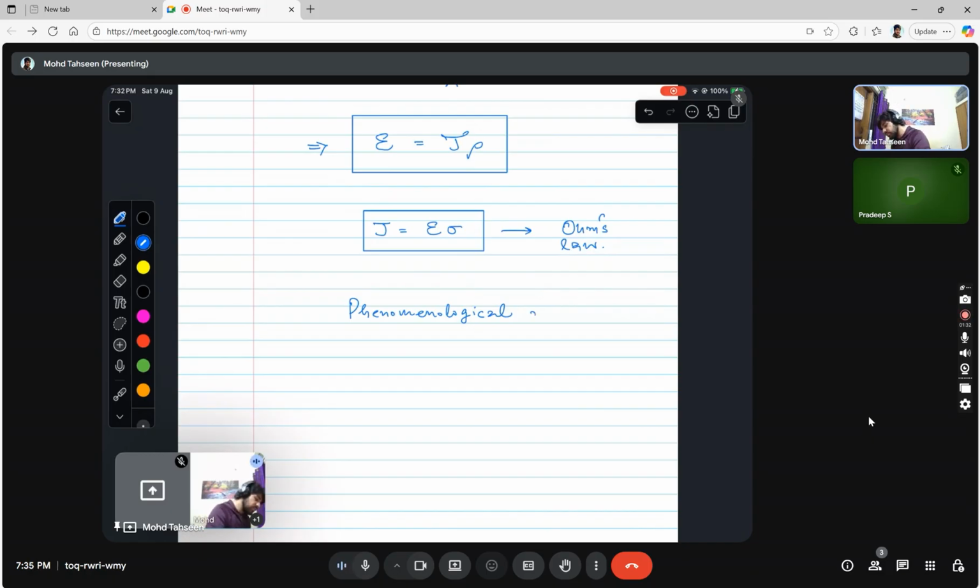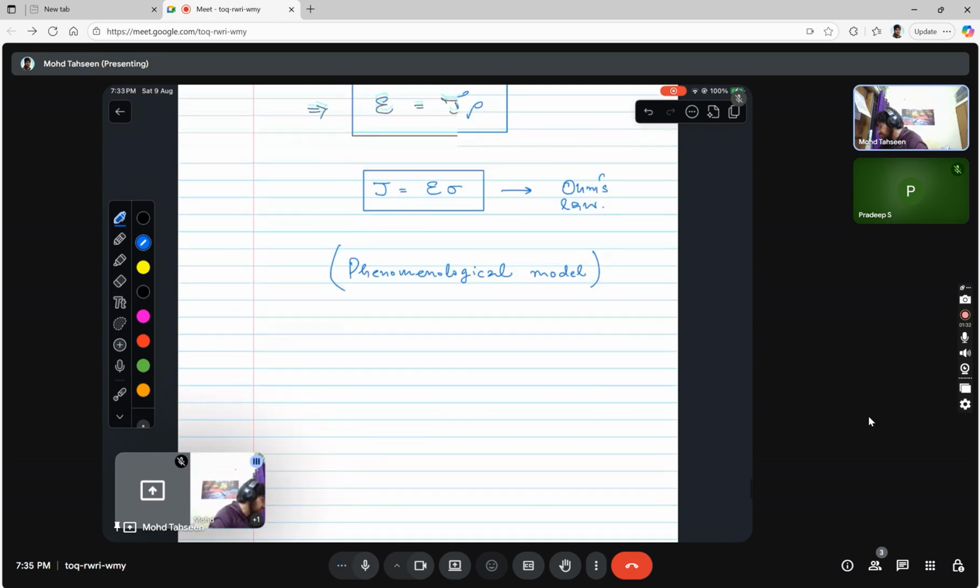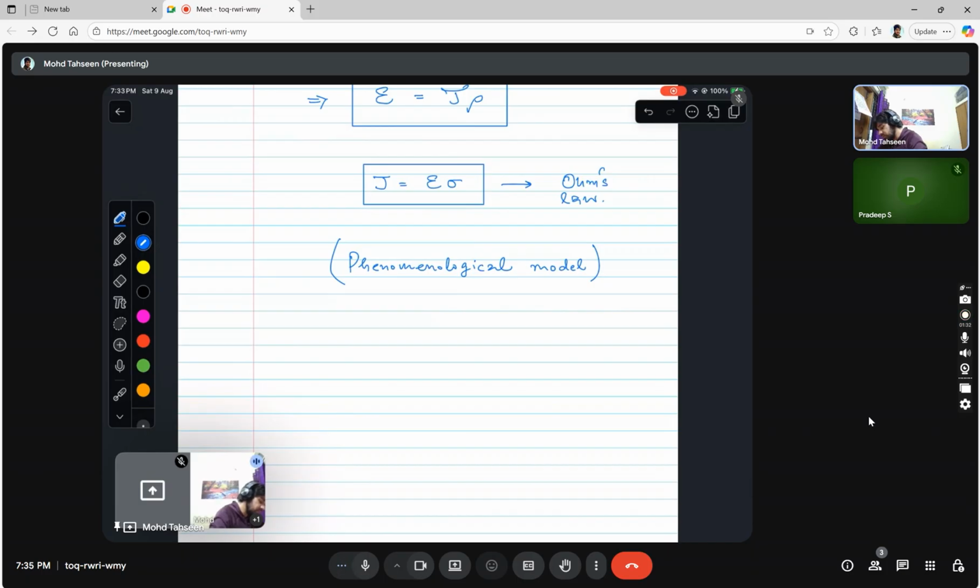So this is called a phenomenological model. Now we want to inquire what the actual physics is which gives rise to this, which correlates with this observation of ours. So what we do is we again take this same sample of length L.